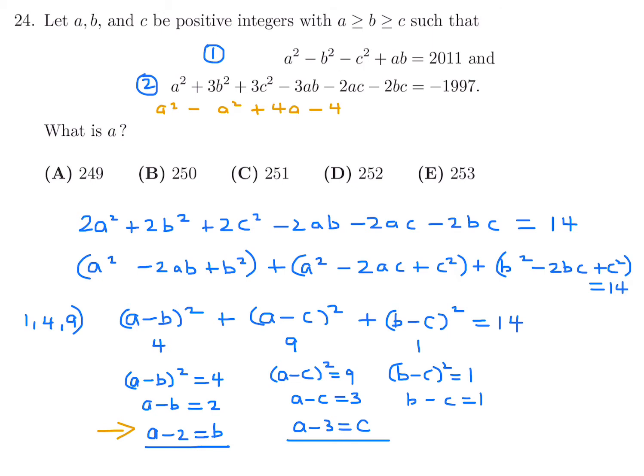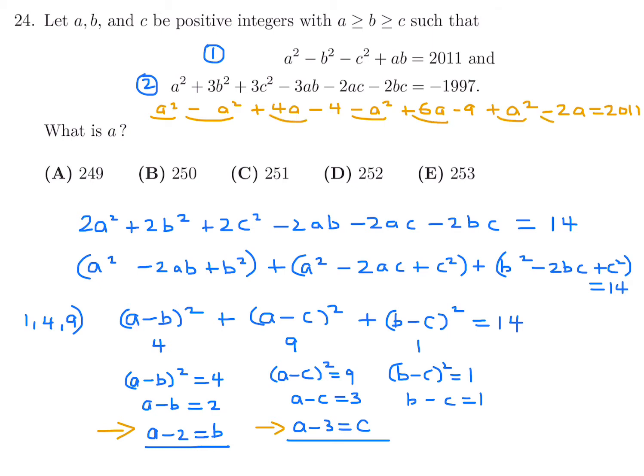And then the C squared, in the same way, it's over here. It's A minus 3, but it's minus that, so it'll be minus A squared plus 6A, and then minus 9. And then we've got this AB, but A times B, and this is B, so it'll be A squared minus 2A. And that is equal to 2011. So let's see here. This A squared cancels with this. This A squared cancels with that.